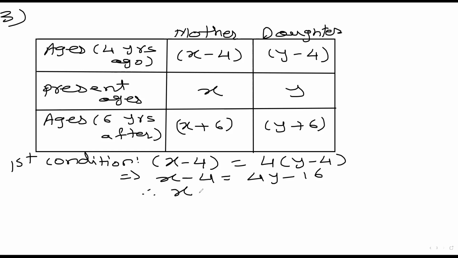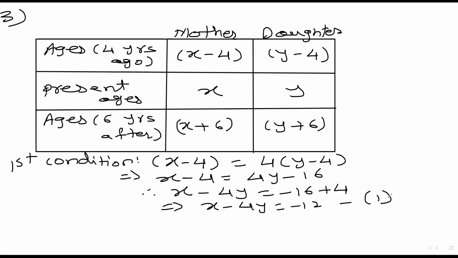So you get x minus 4y is equal to minus 16 plus 4. This implies x minus 4y is equal to minus 12. This could be our equation 1. Okay. Followed everyone? Yes, sir.